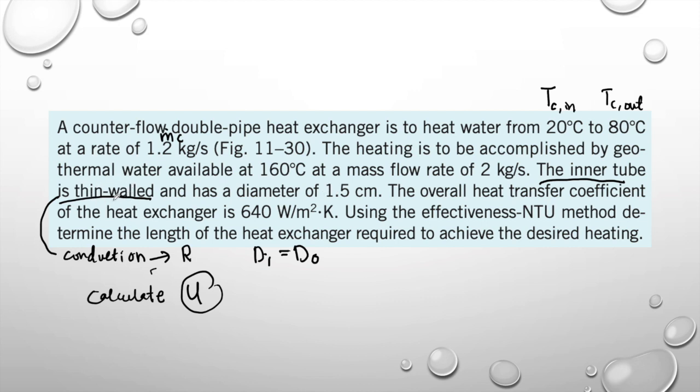So remember, there are two things you must remember when there is a statement about thin wall. First, conduction will be negligible, therefore there is no resistance for the conduction. Second, the inner diameter is equal to the outer diameter.